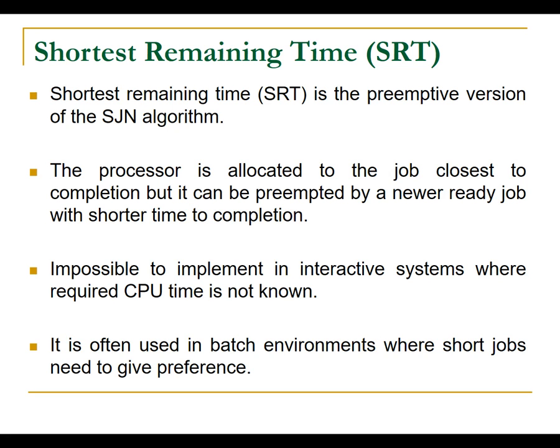That is called shortest remaining time. Now this algorithm is impossible to implement in interactive systems where the required CPU time is not known, similar to shortest job next. It is often used in batch environments where short jobs need to be given preference.